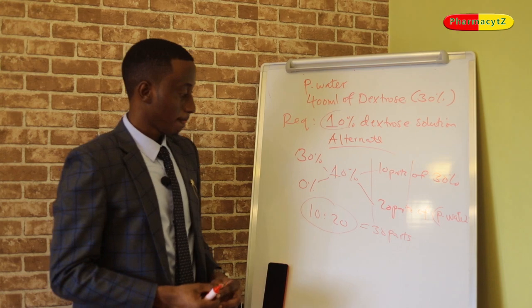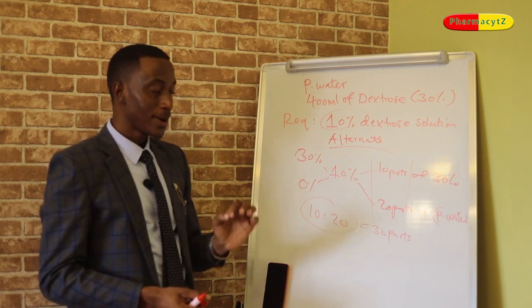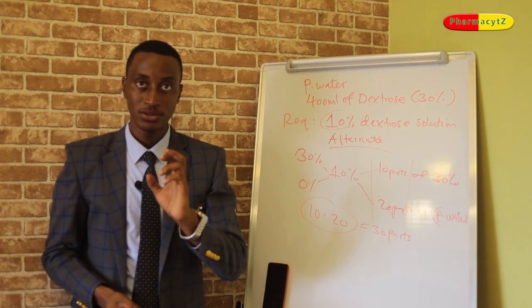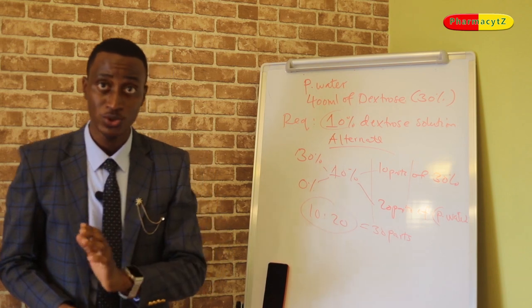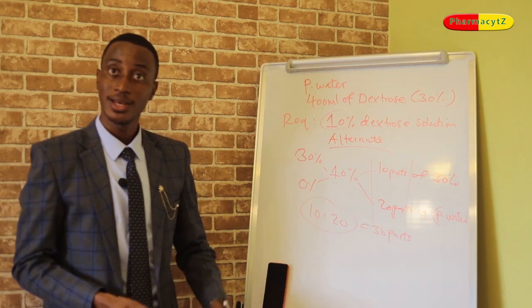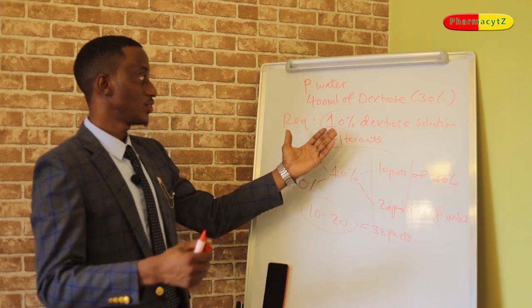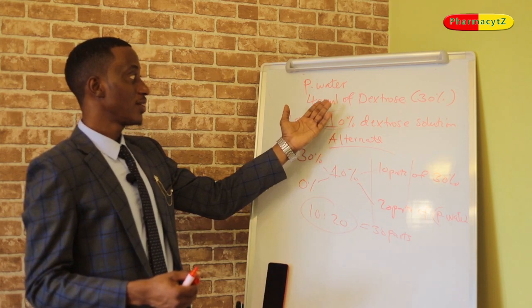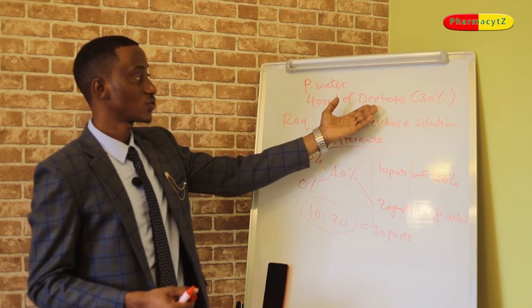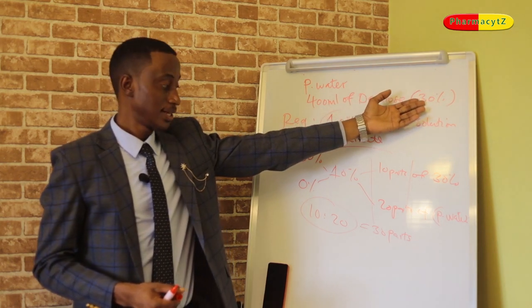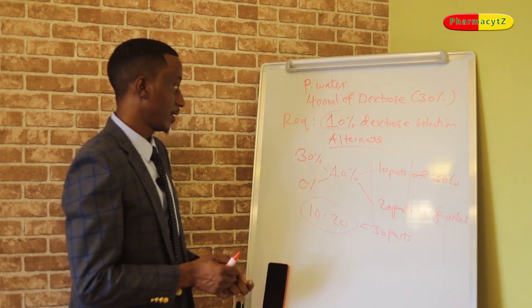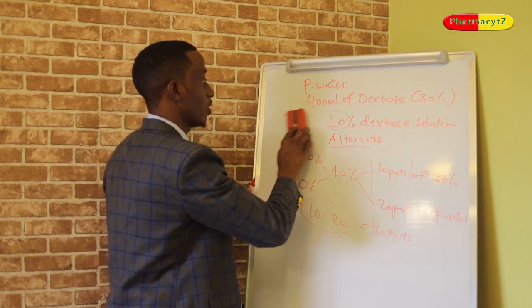All right, so to know the amount of water to be added to dextrose so as to dilute the solution, this is what you are going to do. Go back to the data, then check this statement. You have 400 ml of dextrose, 30%. That is what is available.